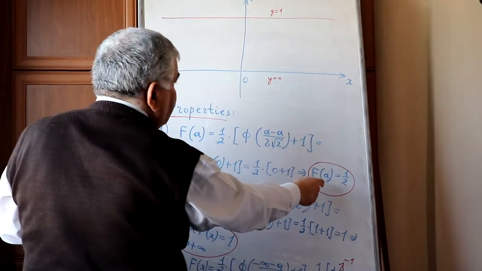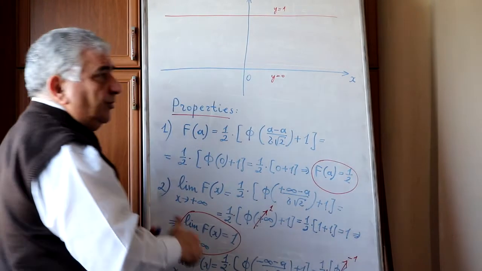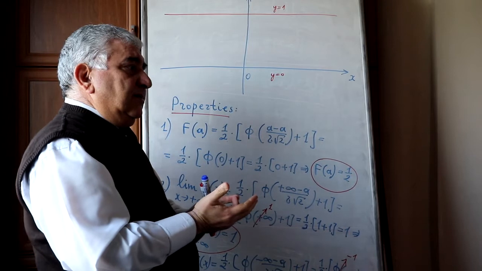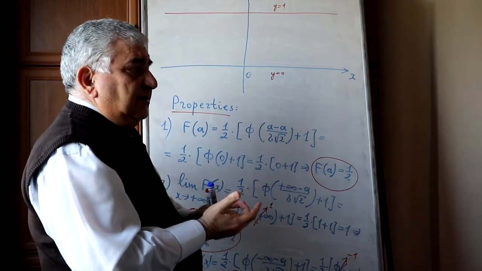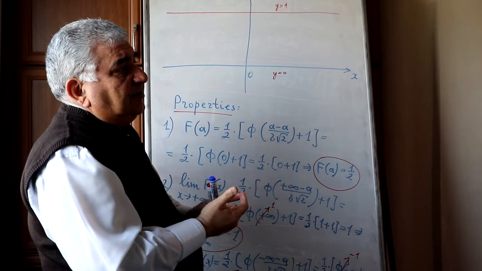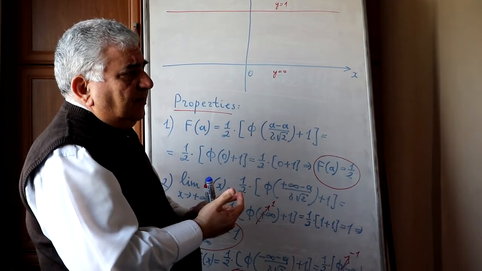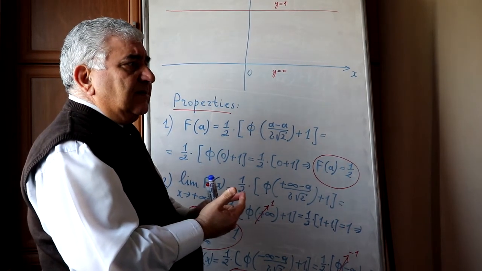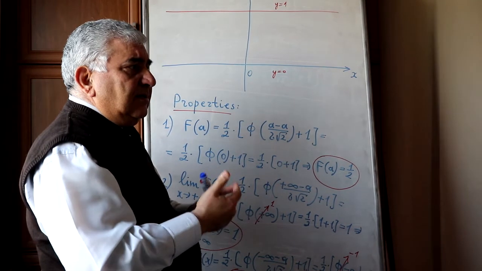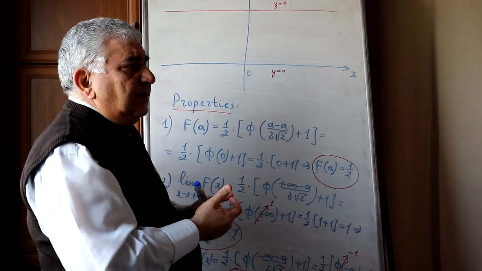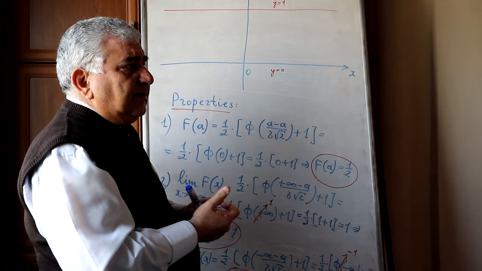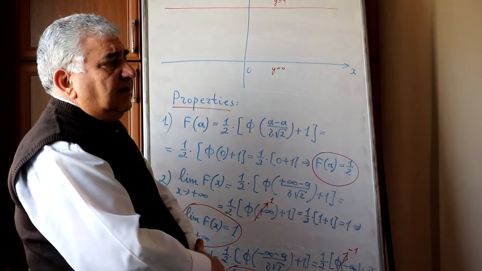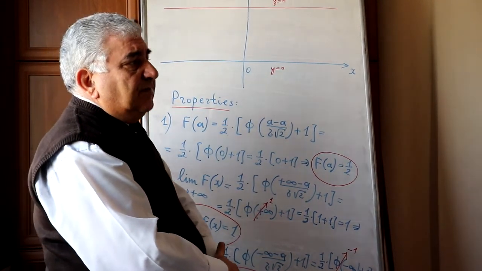And at the point A, here point A is the symmetry center. It is the mathematical expectation, the expected value. It is also the scattering center, the probability distribution center, and also it is the mode, and also it is the median.